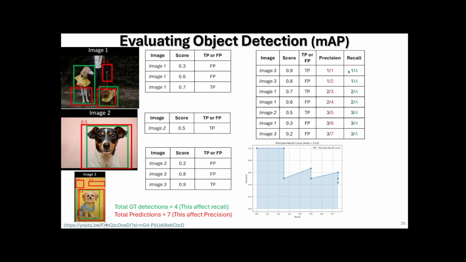So you start with this recall, this value is 1, and then you have somewhere around 1 by 4, which is 0.25. You see this value is remaining at 1. And then it drops to 0.5, which is exactly here.